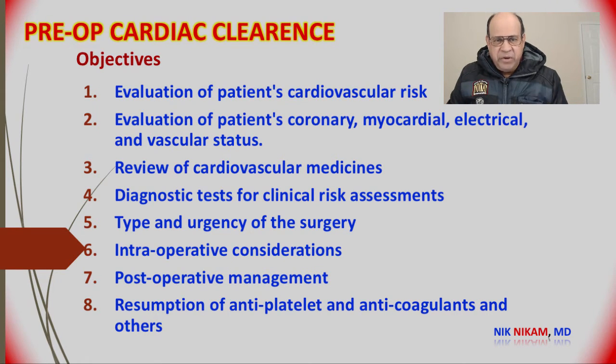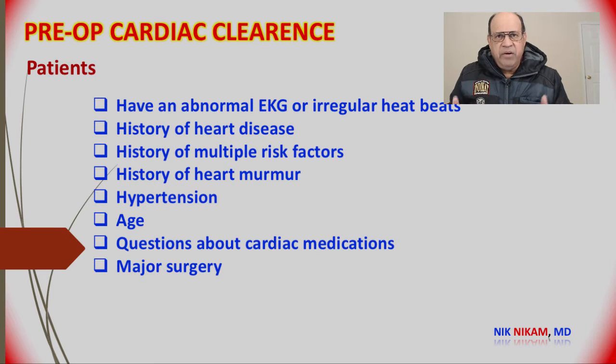Let's continue. Patients come to a cardiologist or an internist for cardiac clearance because they have an abnormal electrocardiogram or they have an irregular heart rhythm. They may have a history of coronary artery disease or valvular heart disease. Or some patients may have multiple risk factors like hypertension, diabetes, peripheral arterial disease, kidney problem.